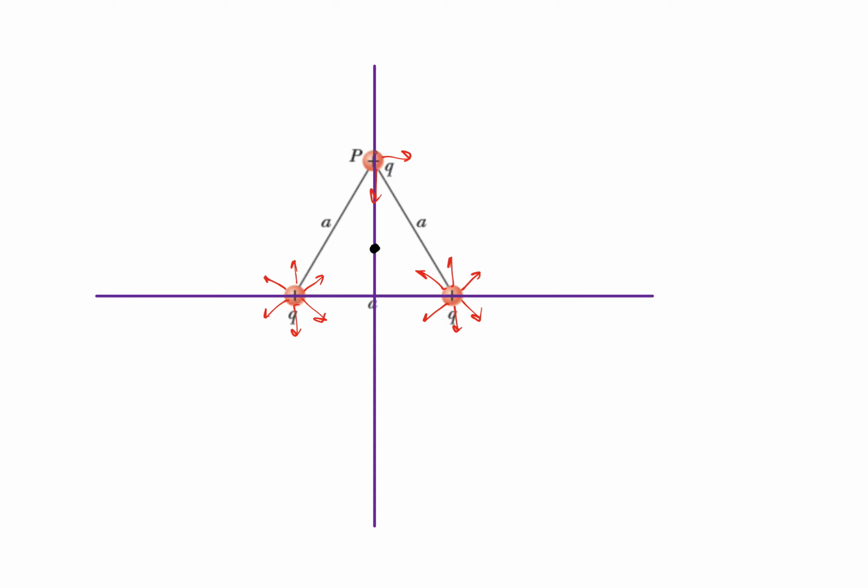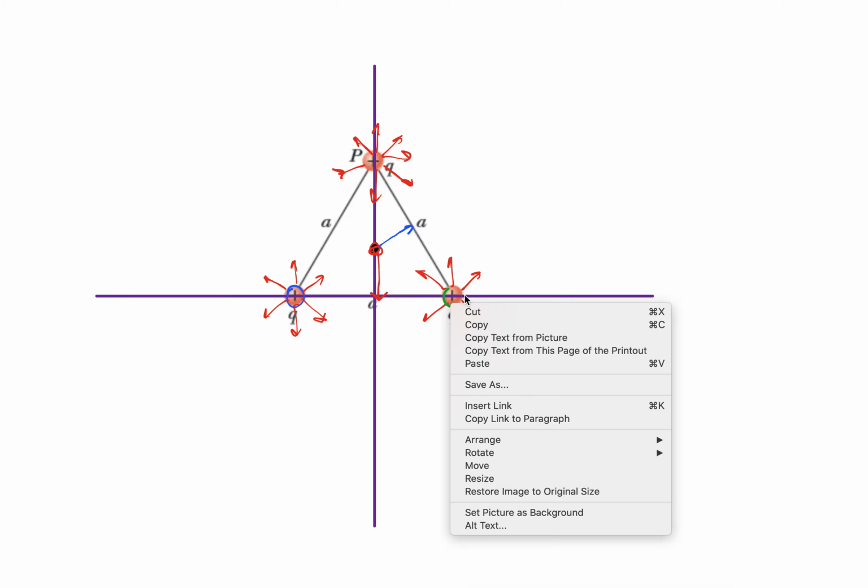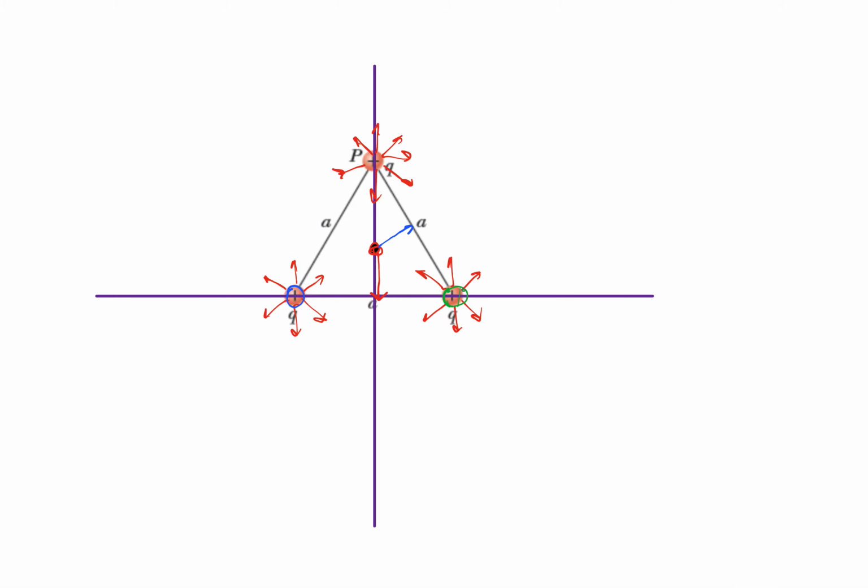We have all of these charges pointing away, and at this point right here, due to this charge, the field is pointing in the negative direction. Okay, we'll make this one blue. Due to this charge, the electric field is pointing that direction, and we'll make this one green.